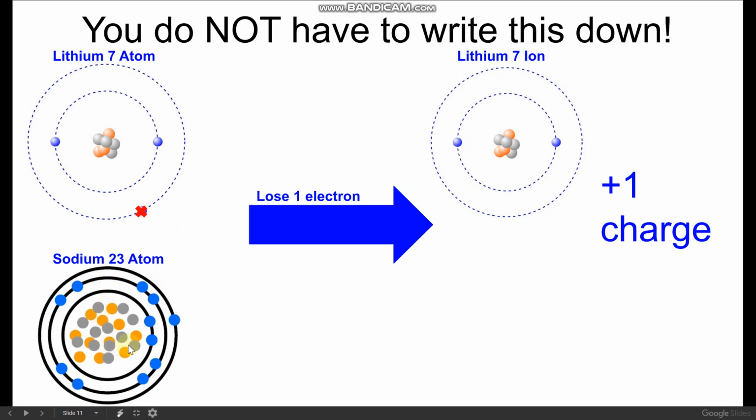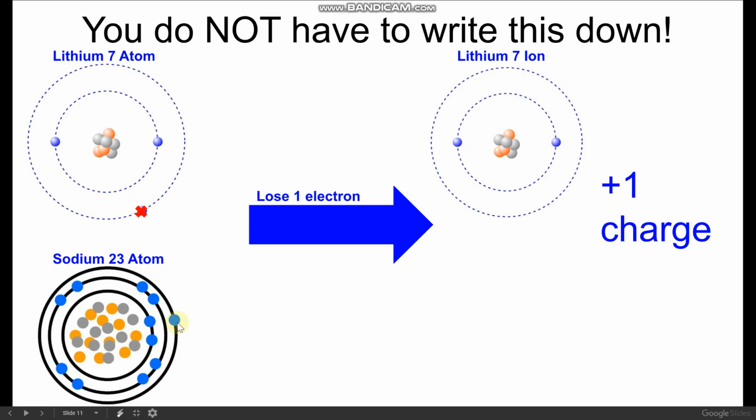And you can see it's very similar in structure because it has 1 electron in this outermost orbital. So we've got the protons and neutrons in the nucleus, and there should be 11 protons in this picture, which means that there are 11 electrons in this picture. 1, 2, 3, 4, 5, 6, 7, 8, 9, 10, 11.